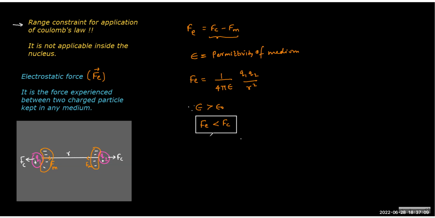You need not worry much about it. Now we have the third definition called relative permittivity, and we write it as epsilon r. Relative permittivity is also called dielectric constant.